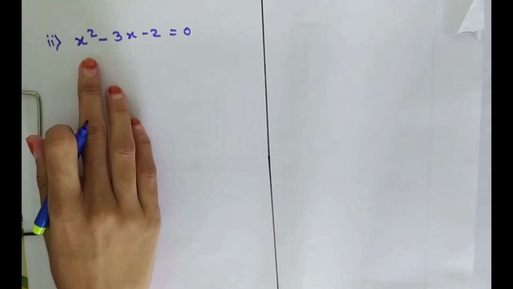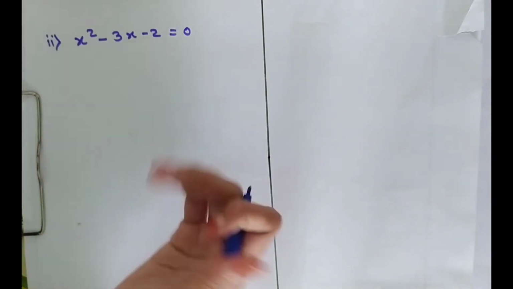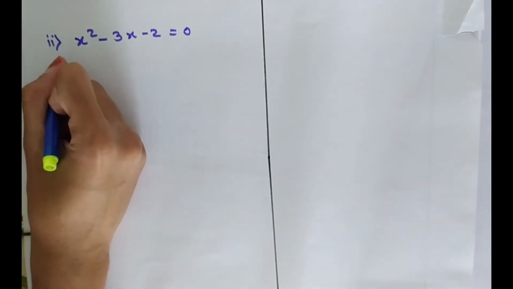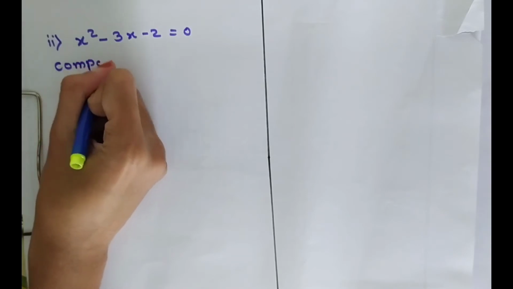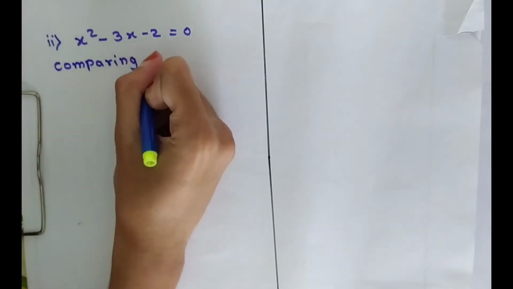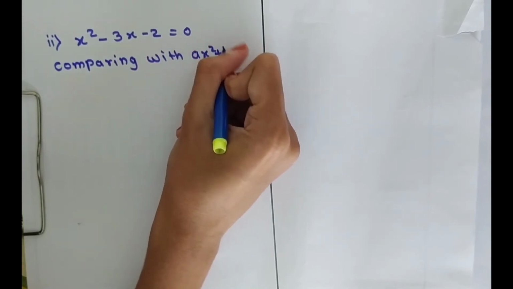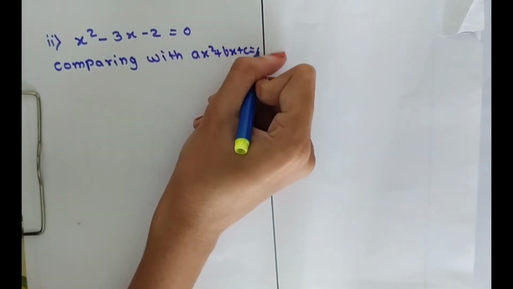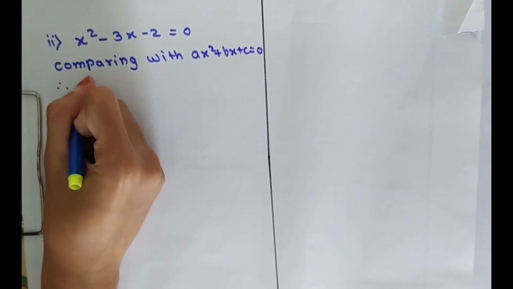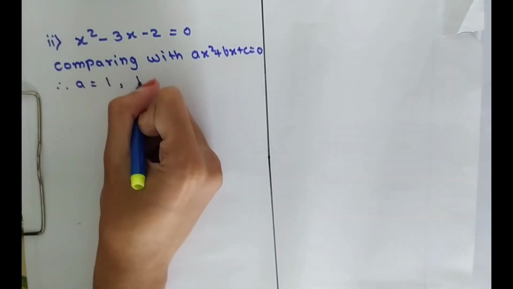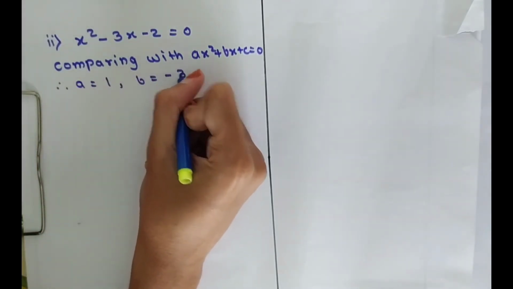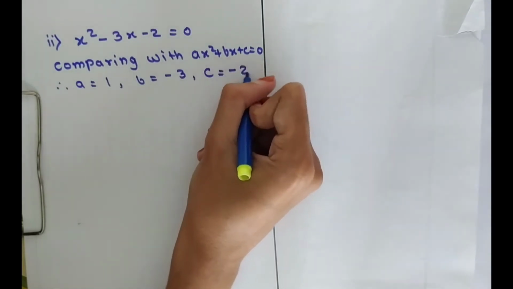Now second question is x square minus 3x minus 2 is equal to 0. Therefore comparing with ax square plus bx plus c is equal to 0, a is equal to 1, b is equal to minus 3 and c is equal to minus 2.